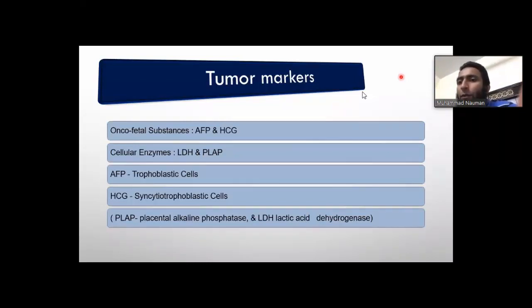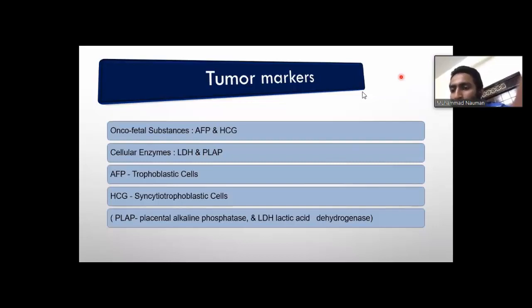So alpha fetoprotein is produced by the yolk sac. If HCG is present, the tumor marker can easily label that patient as having a non-seminomatous tumor, and HCG is produced by the chorion layer part of the trophoblast.